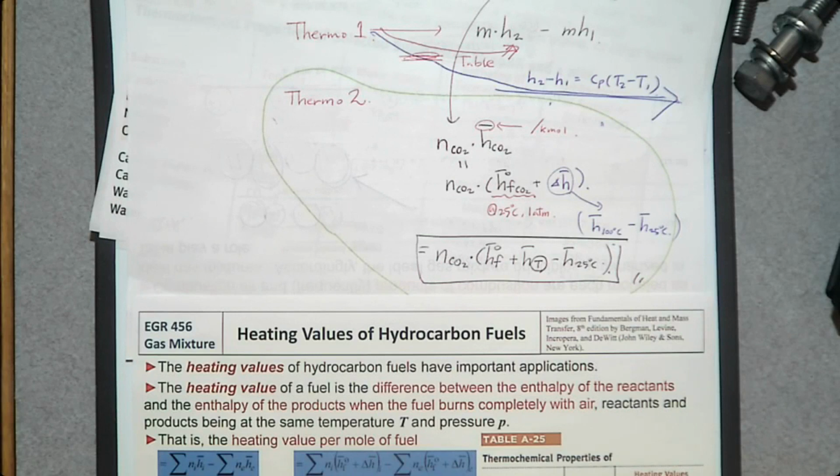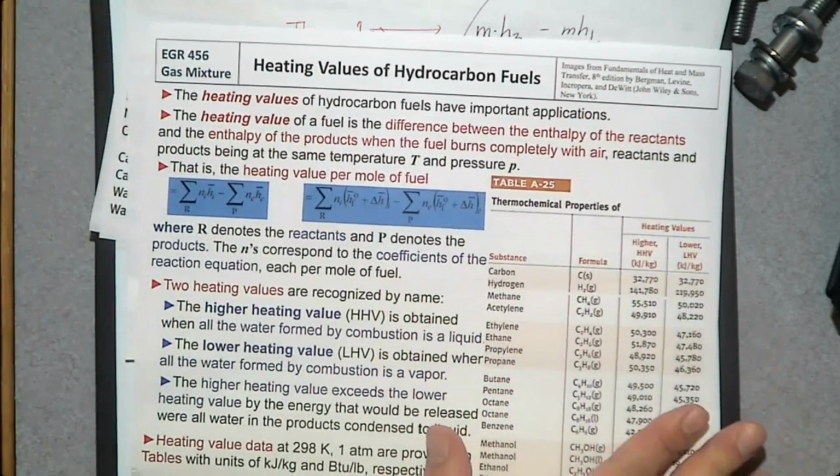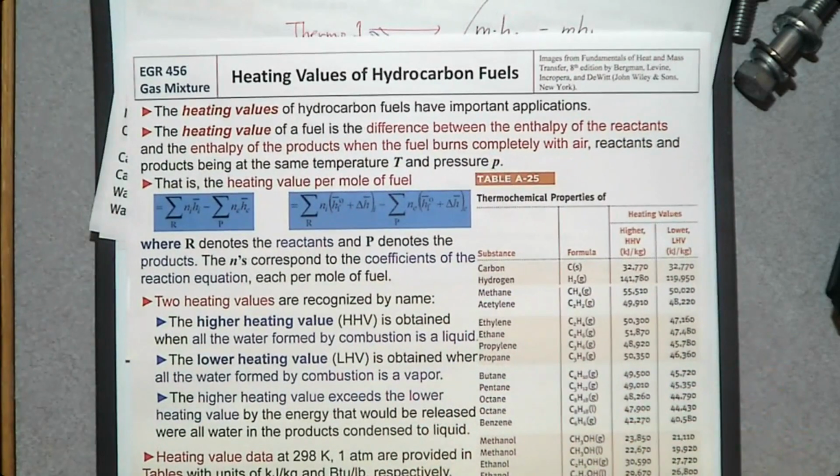So that is heating value. But there are two different heating values. One is lower heating value. The other one is higher heating value. Then why do we make two different heating values? Because we like things complicated? No, no, no.